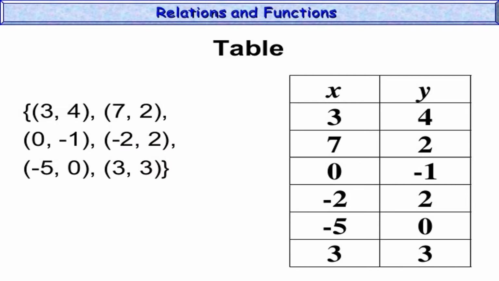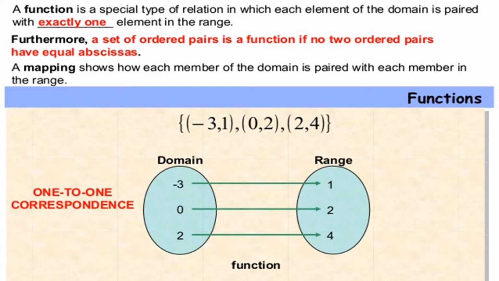Next, another example of our relation is in a form of table, x and y. So still this is not a function. Why? Because umuulit po si 3 sa ating x or sa ating domain, no? So what is a function? A function is a special type of relation in which each element of the domain is paired with exactly one element in the range.